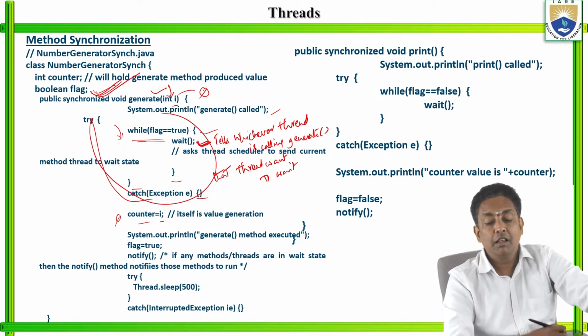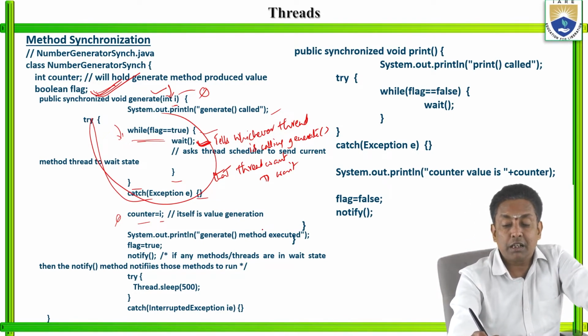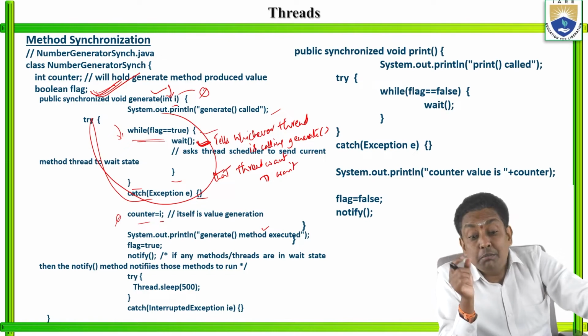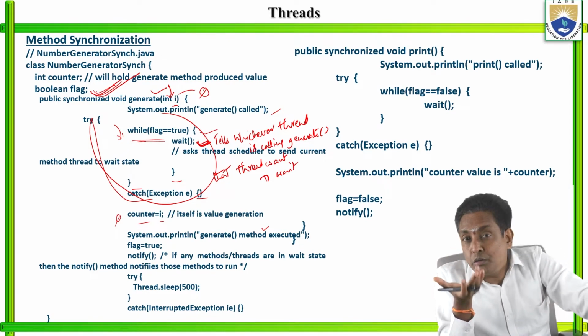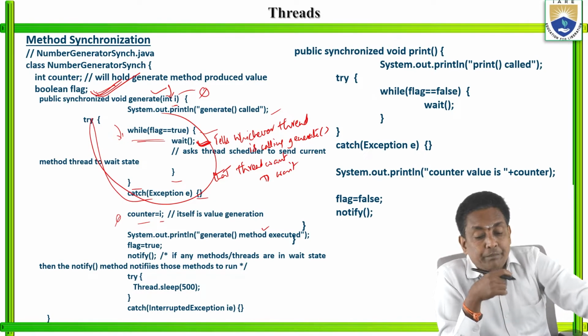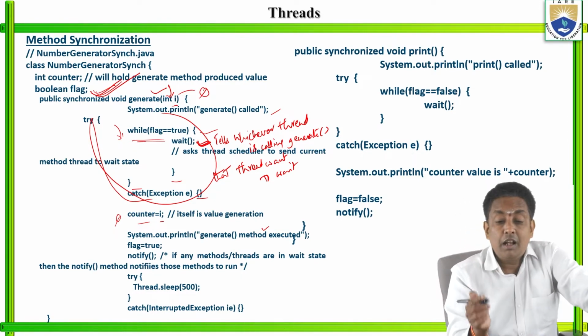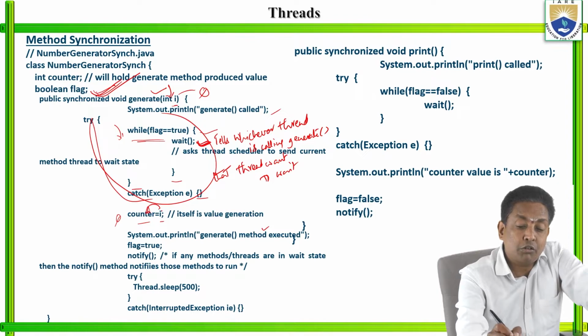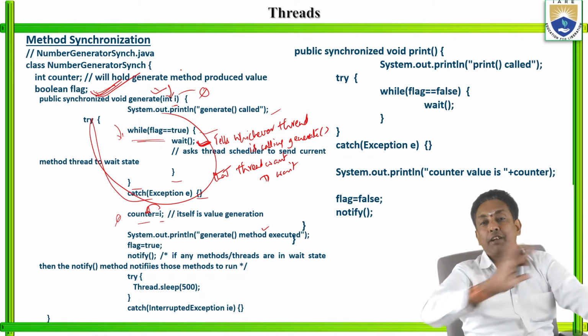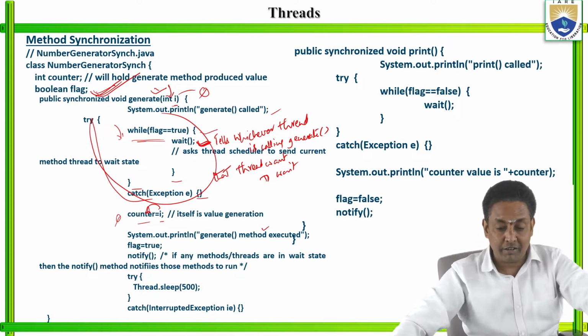Next, System.out.println, generate method executed. All the System.out.println statements are just for debugging, to know how many times the generate method is called in each iteration. Once the i variable is assigned to counter, what does it mean? The generate method has produced one integer value, directly or indirectly.